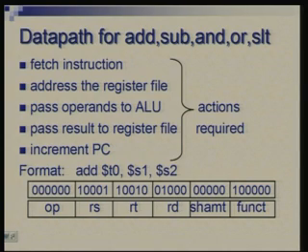The register addresses will come from instruction fields, and the operands which we get from the register file are passed on to the ALU. Then the result produced by the ALU is passed on to the register file, and we also increment the PC, make it ready for the next instruction.